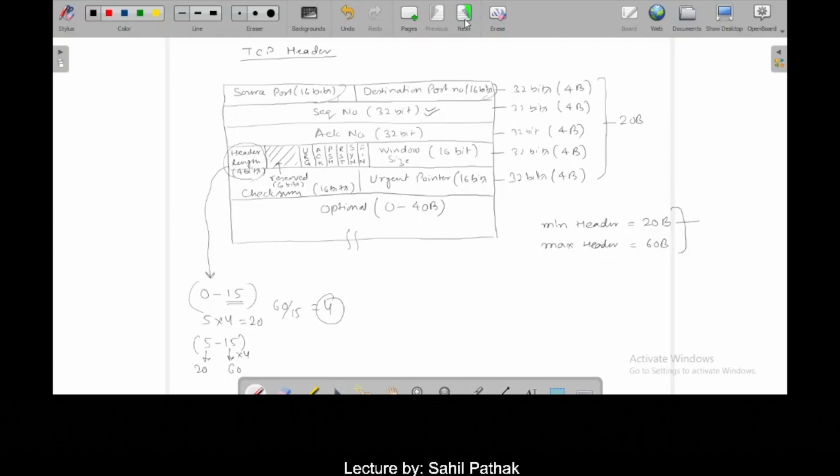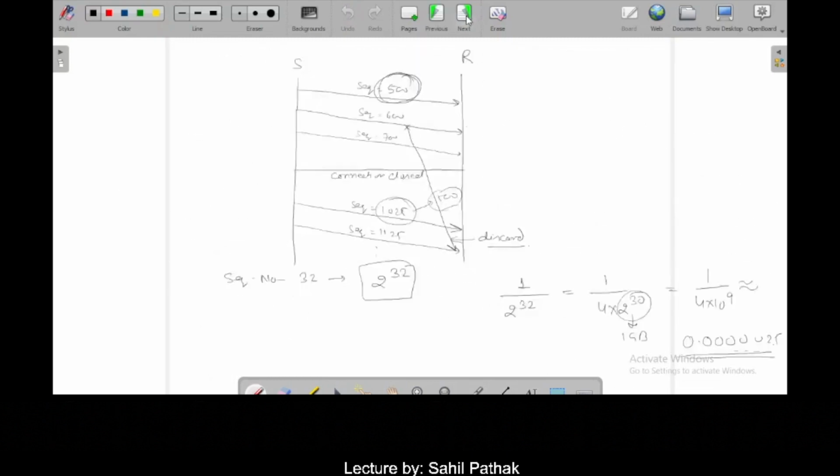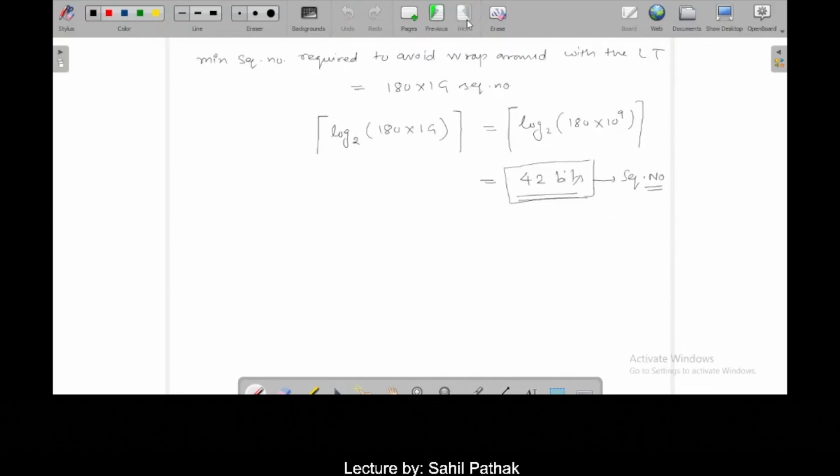So ये बाकी की extra 10 bits कहाँ से ली जाएंगी? ये जो एक्स्ट्रा 10 बिट्स हैं, 42 minus 32 is equal to 10, and these 10 extra bits are taken from the option part. ओके, सो जो आपके पास ऑप्शनल फील्ड है टीसीपी हेडर में, वहां पे से आपकी ये 10 बिट ली जाएंगी, and that are going to be used for extending your sequence number up to this limit.